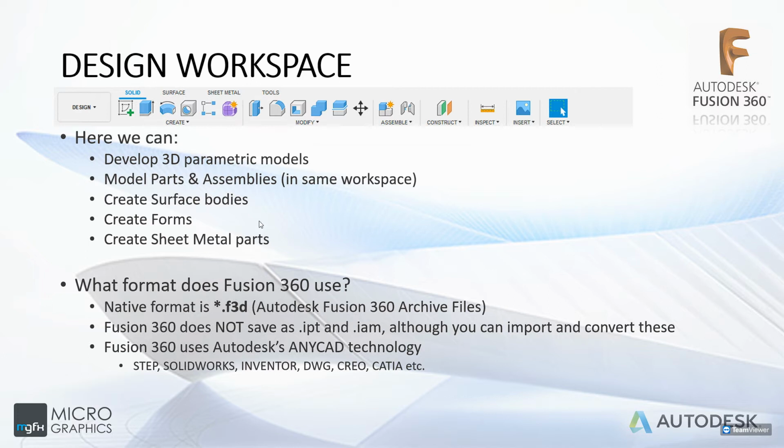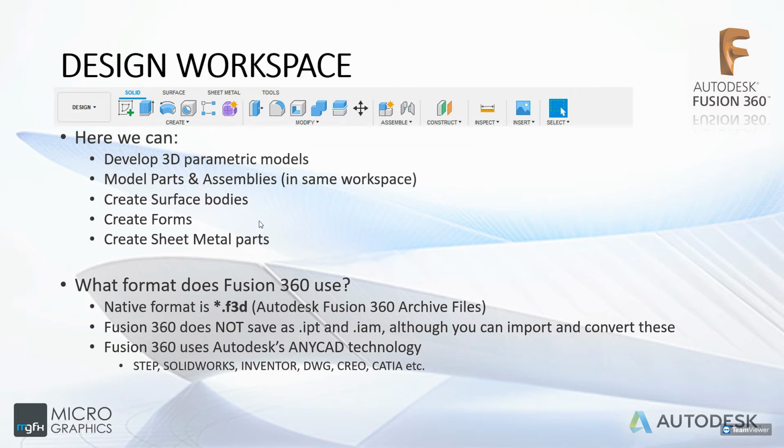Why can you import and convert these? Well, because Fusion 360 makes use of Autodesk AnyCAD technology. That means it can accept files from any software: STEP, SolidWorks, Inventor, Creo, CATIA. There's quite an extensive list. If you're curious about what it can support, you can just Google Autodesk AnyCAD and it will tell you the full list of supported formats.